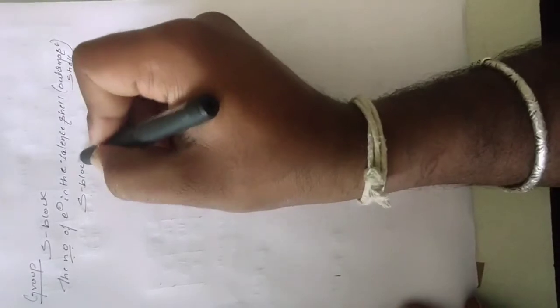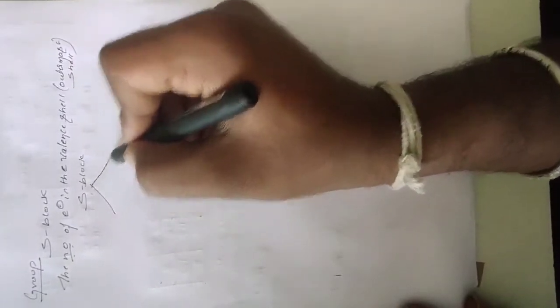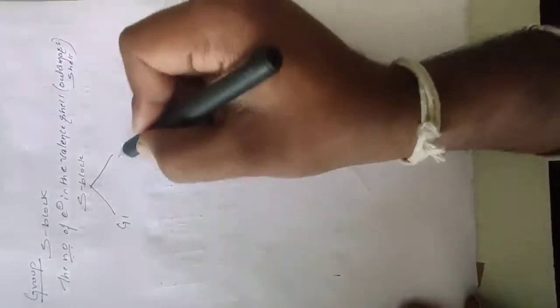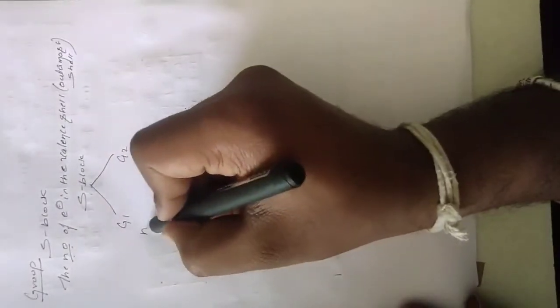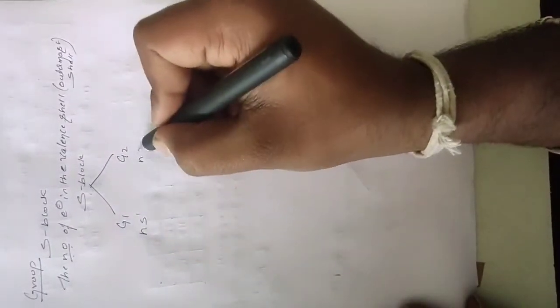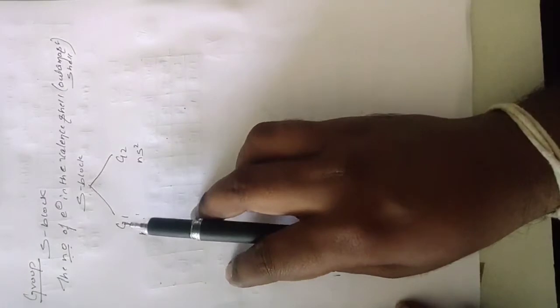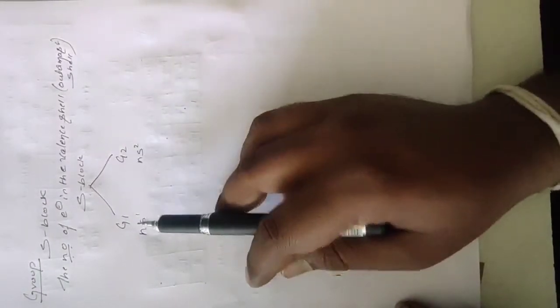The S block is divided into two groups, group 1 and group 2. Its general electronic configuration is ns1, ns2. Already I explained that S block group 1 and group 2 are the alkali metals and the alkaline earth metals.